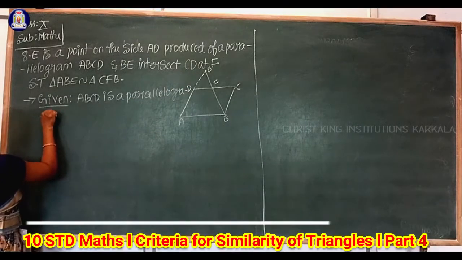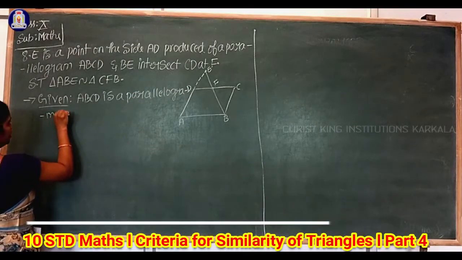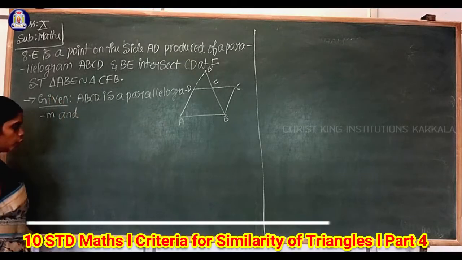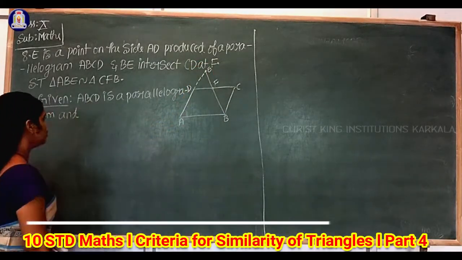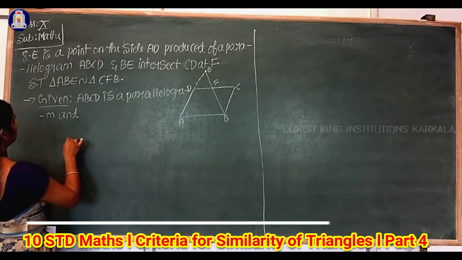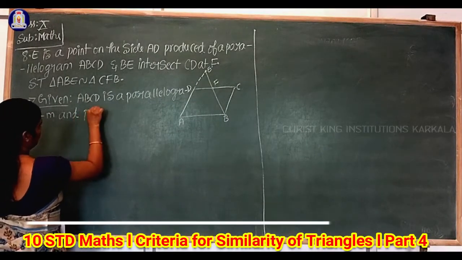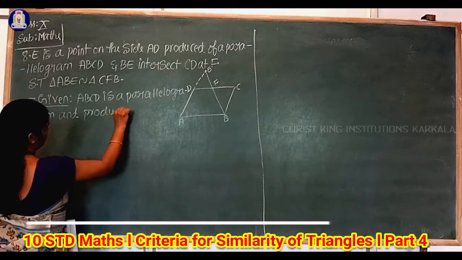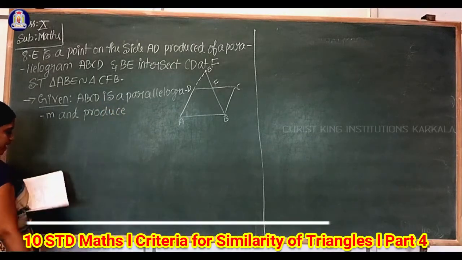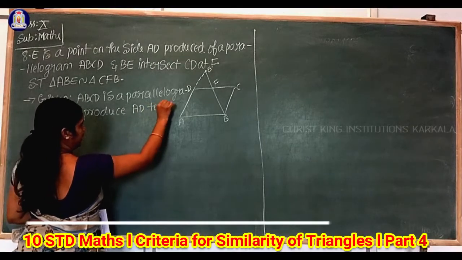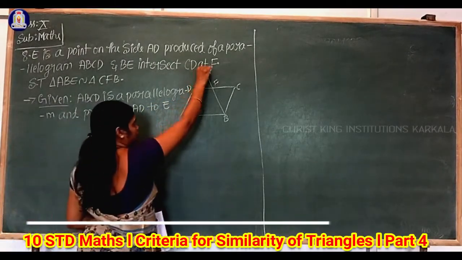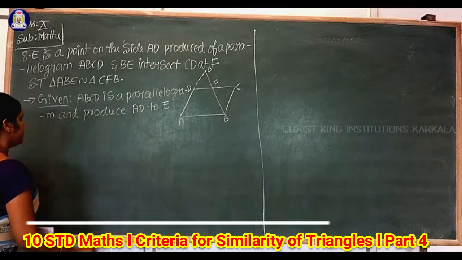ABCD is a parallelogram, and produce AD to E, and join this EB.